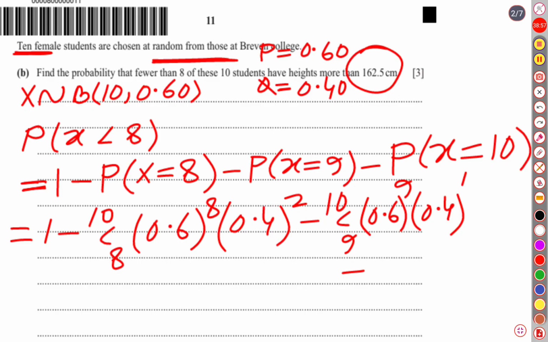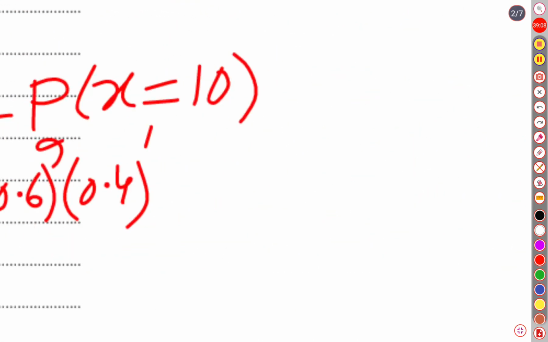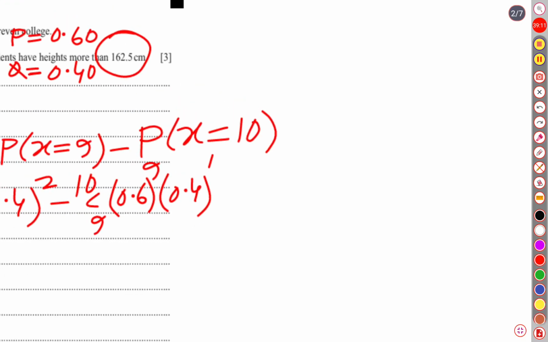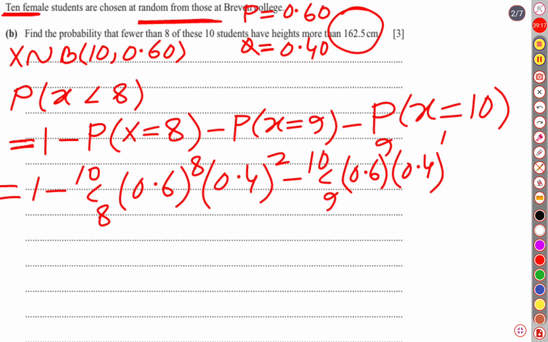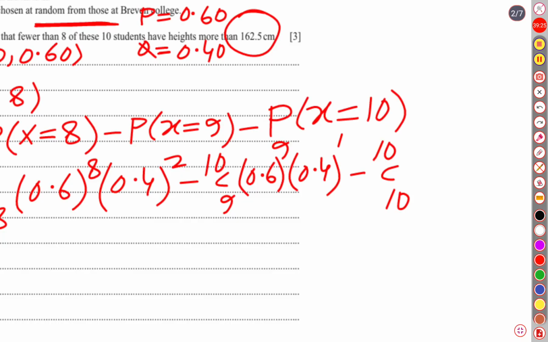Last of all, 10 choose 10. Minus 10 out of 10, 10 choose 10. 10 students, probability of 10 students is 0.6 raised to 10, and there is no student whose height is more than 162.5.